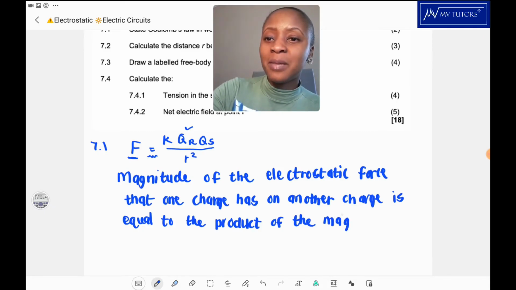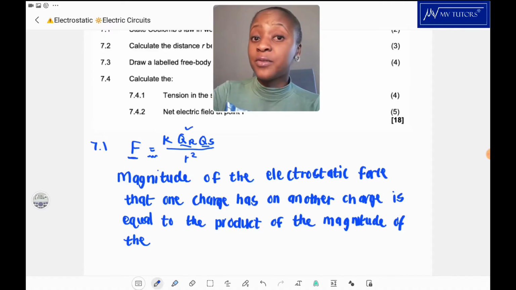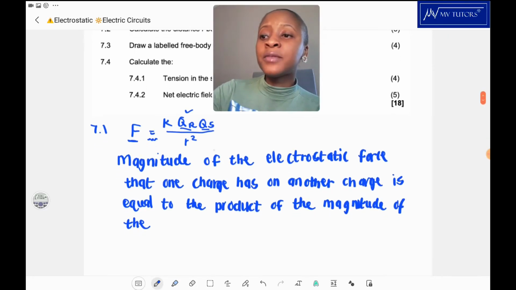Okay, now this is becoming an essay. You can see on the equation we're going to multiply the charge of R and the charge of S. By magnitude, we're not taking sign into consideration when you're calculating force.